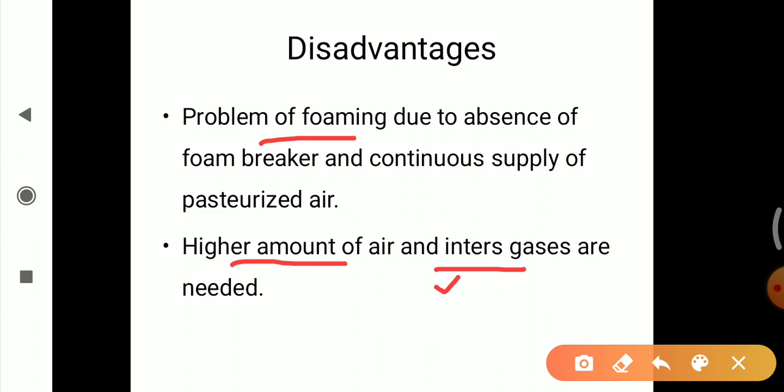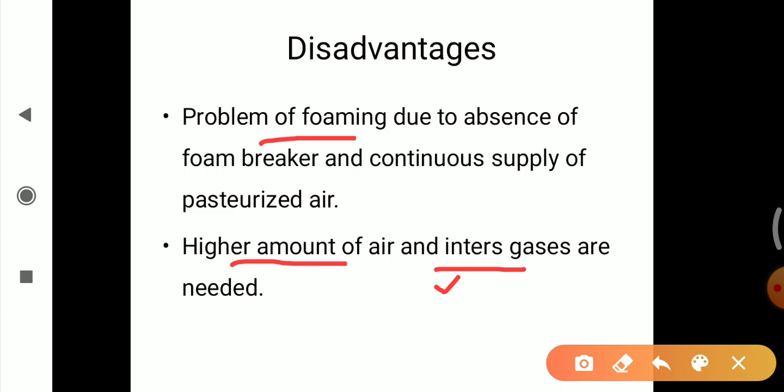The thing to memorize about the airlift bioreactor is that the airlift itself lifts all the nutrients from one place to another. Airlift bioreactor is also known as a pneumatic bioreactor because it has no stirring devices. It is very similar to the bubble column bioreactor, but the airlift bioreactor has a draft tube, found inside or outside. If present inside, it is known as the internal loop airlift bioreactor.